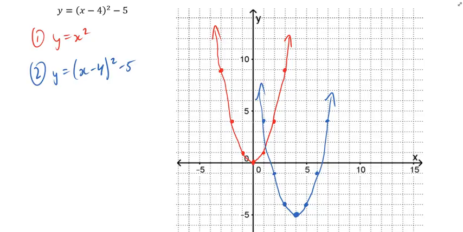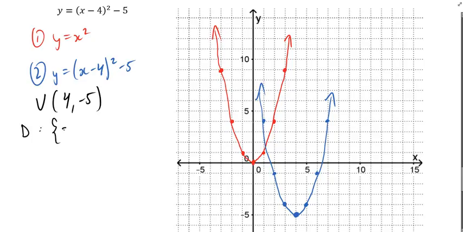So now, what if I wanted to state all of that important details? So it's positive 4, negative 5. Look at how that's related to the equation. The vertex is in the equation. You see that? What's the domain? x is an element of the real numbers.